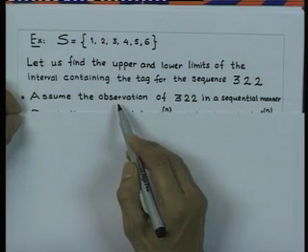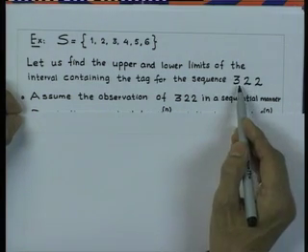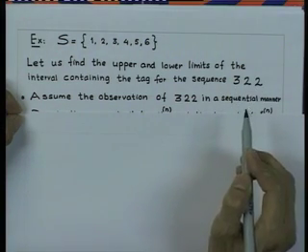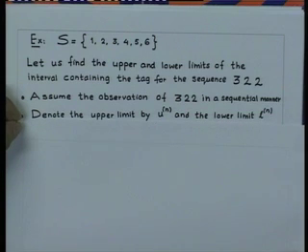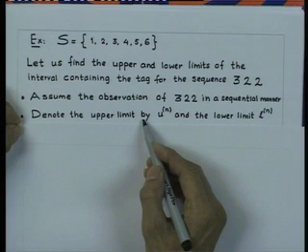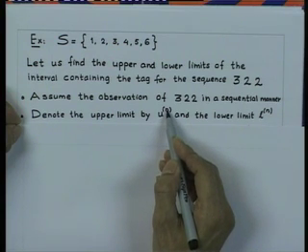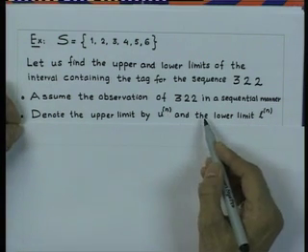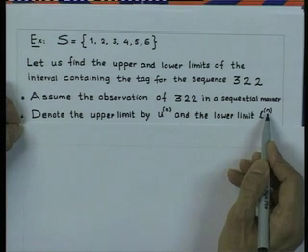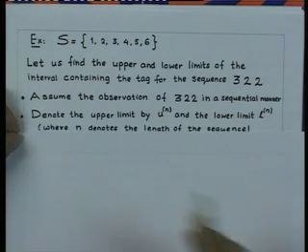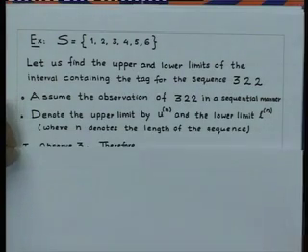Let us first assume that we are observing this sequence 3 2 in a sequential manner. If we do that, then let us denote the upper limit of this interval as U superscript n, and the lower limit as L superscript n, where n denotes the length of the sequence.